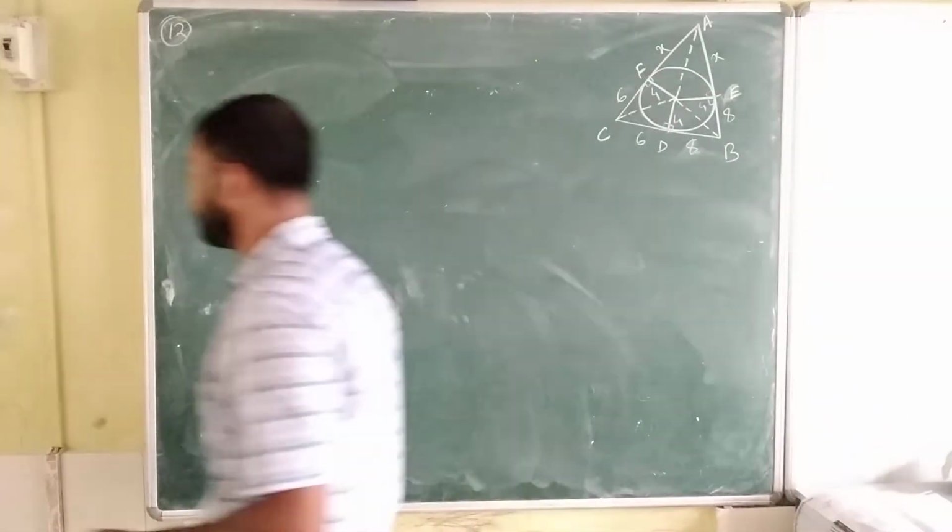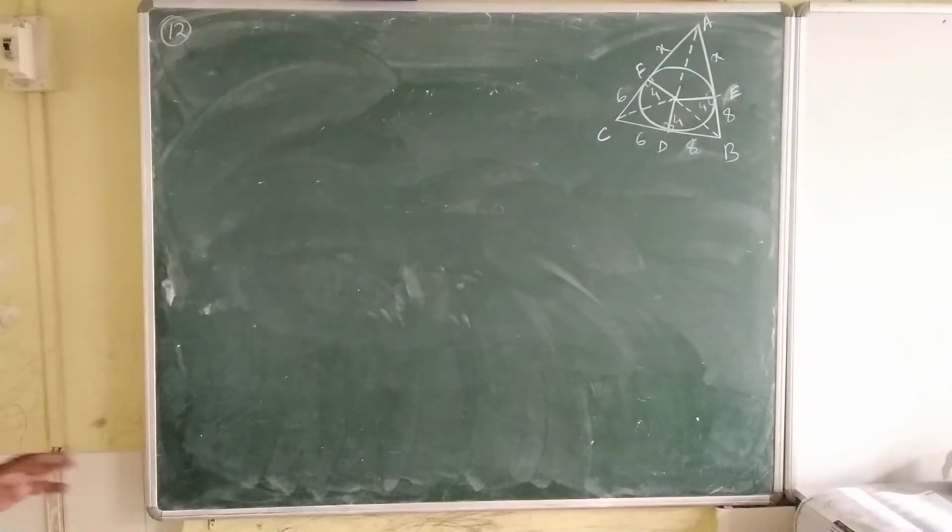So this is the diagram. Then also, as construction, we join OA, OB and OC.